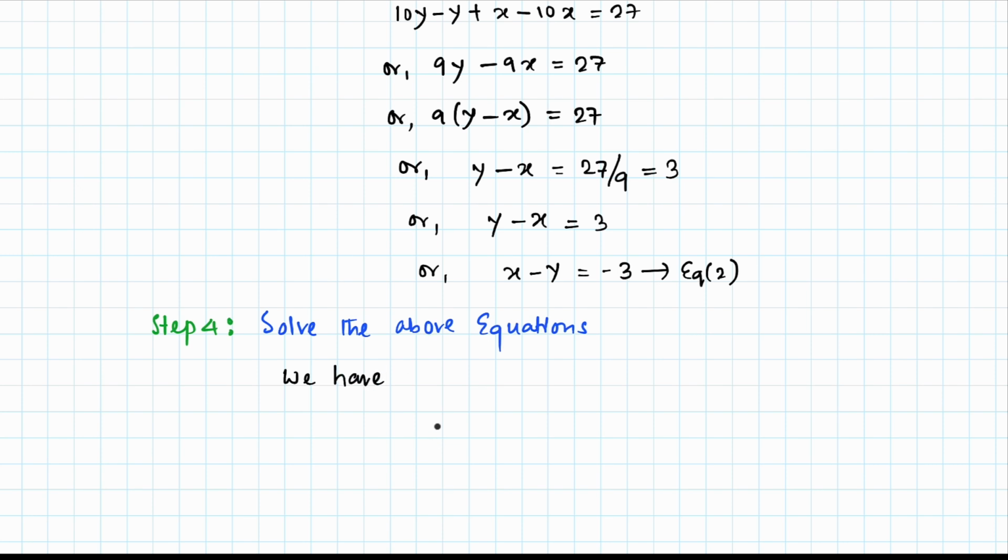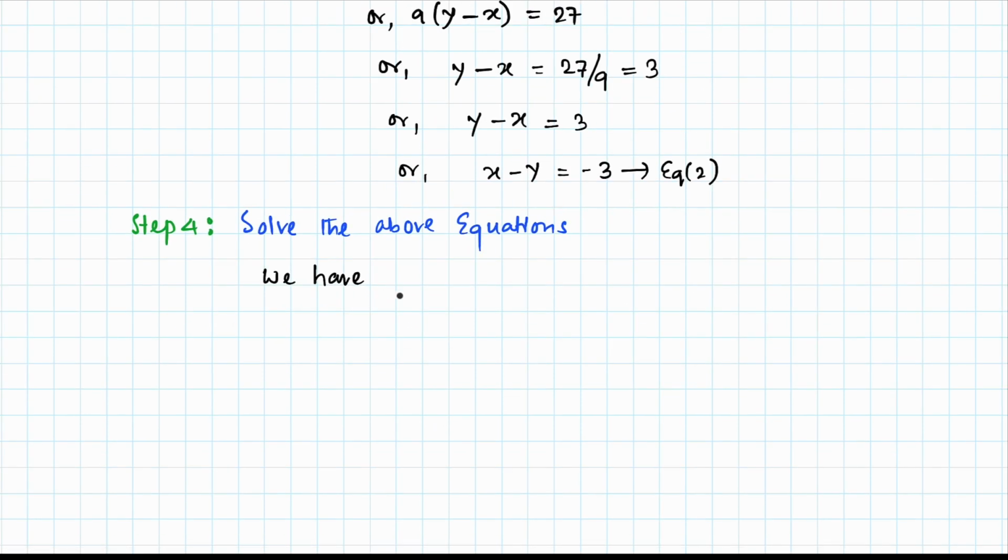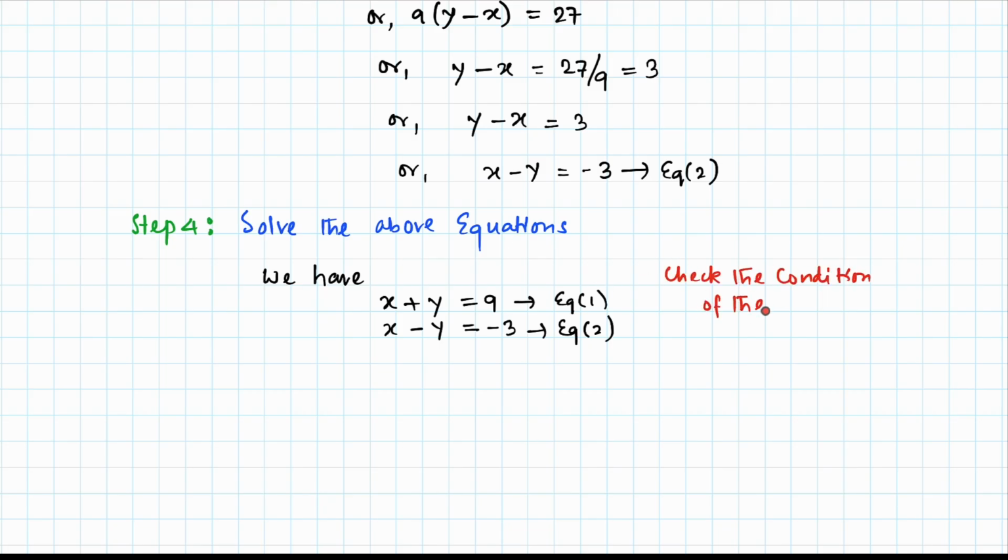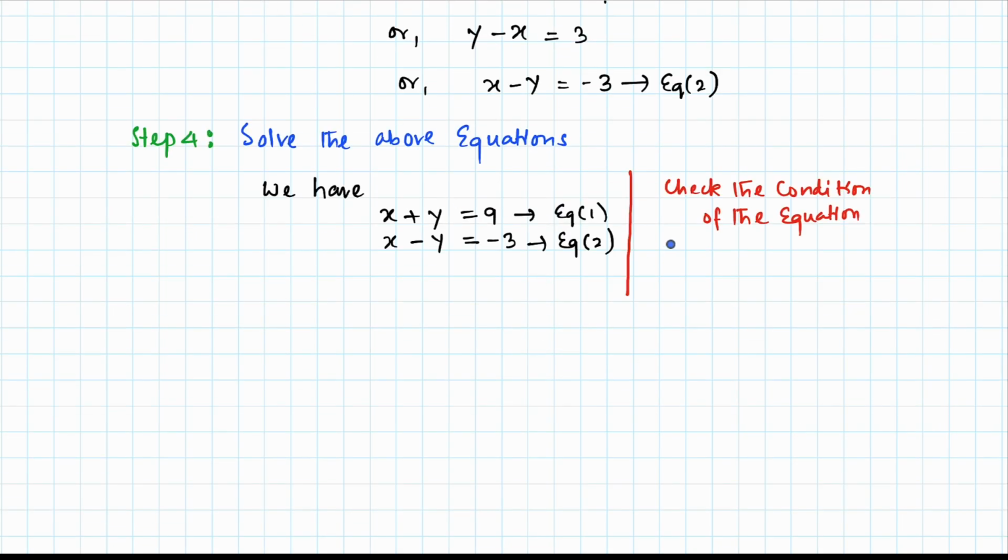Now solve the above equations. Now this will become very handy. Once we have the equations in place, x plus y equal to 9 and x minus y equal to minus 3, we can label them equation 1 and equation 2. Now check the condition. We have already learnt the different conditions, and from that we can understand whether there is a solution or not.